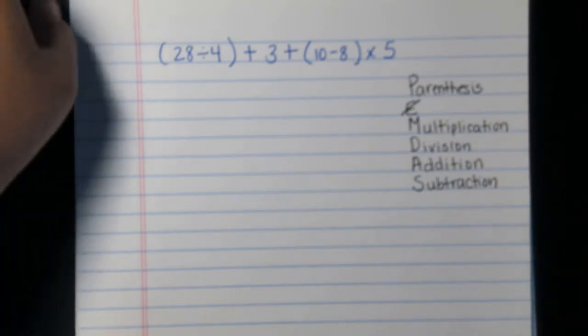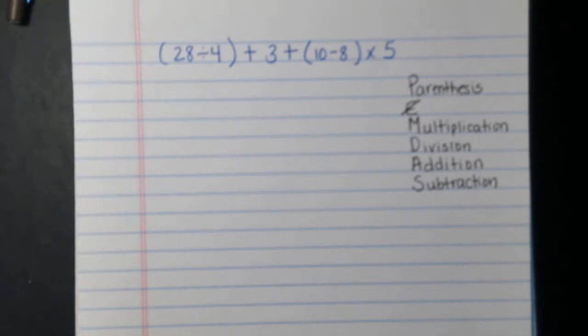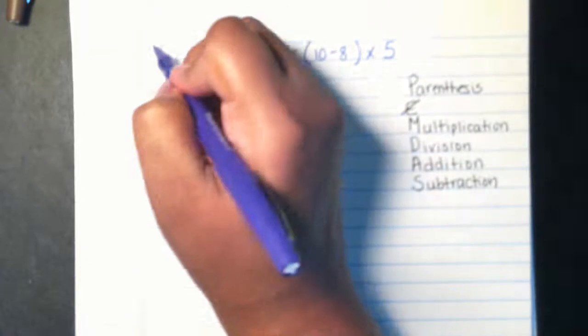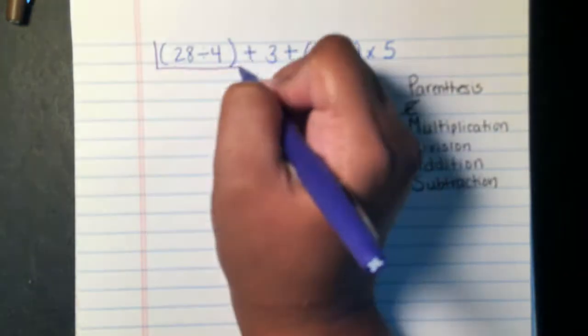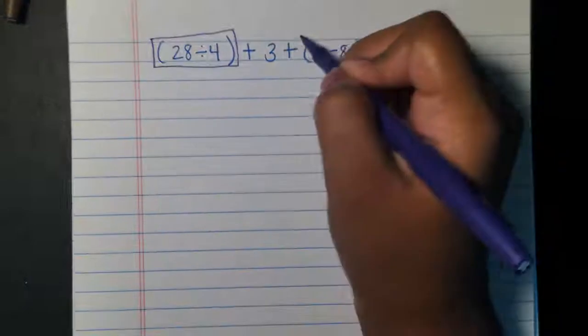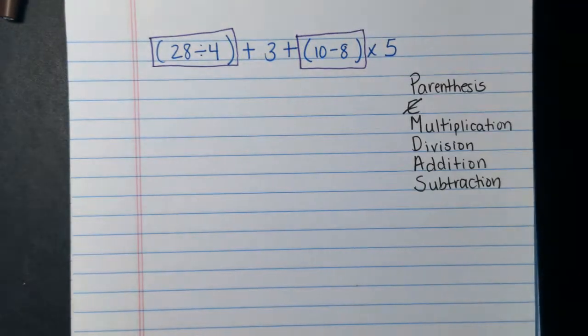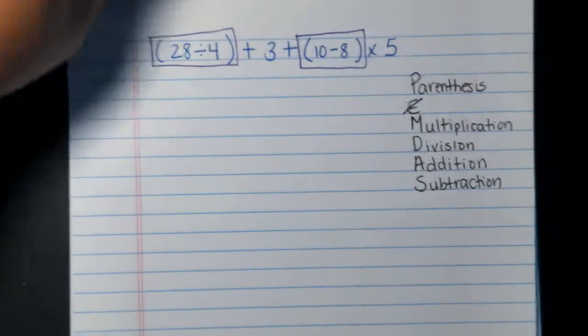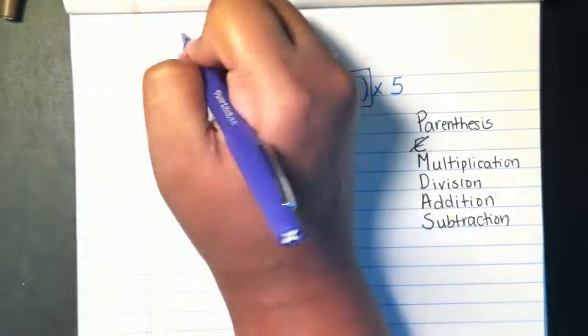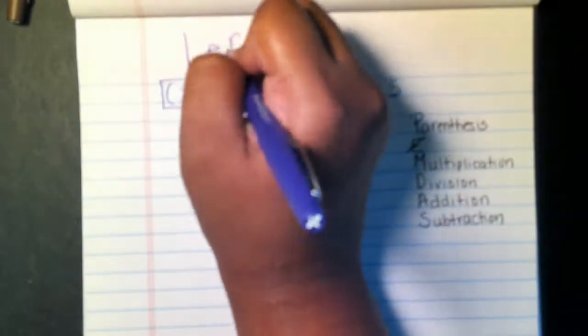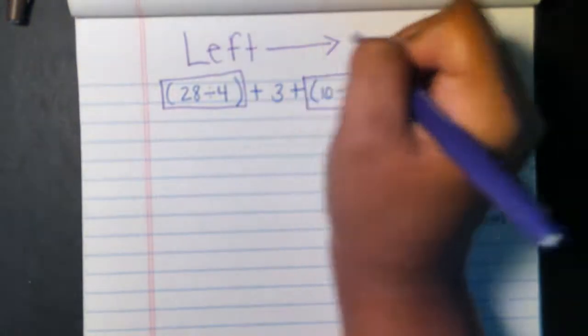Are there any grouping symbols? Well, I see 2 sets of grouping symbols. So I have 2 sets of parentheses. This is the step that I am going to solve first. Okay? And everything that we complete with PEMDAS is left to right.